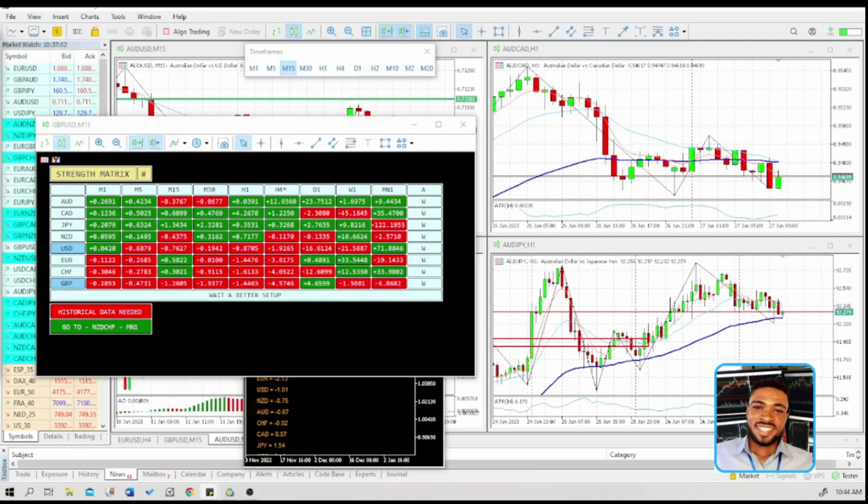It's the best I've found that suits my specifications so far, and it shows the currency strength on different time frames at a particular time. You can also see it has very nice color coding. So I'll leave the link to the site below in the description. Download it, install it on your MT5 so you can follow along.